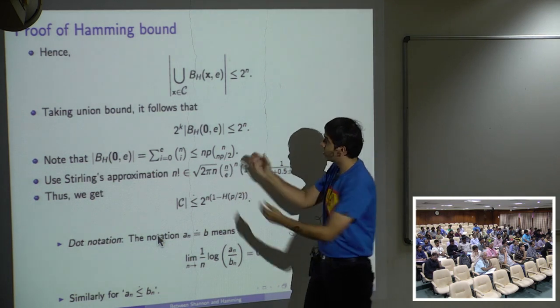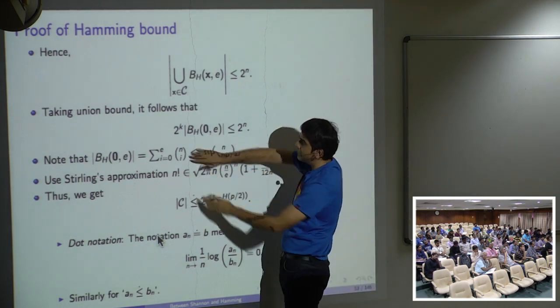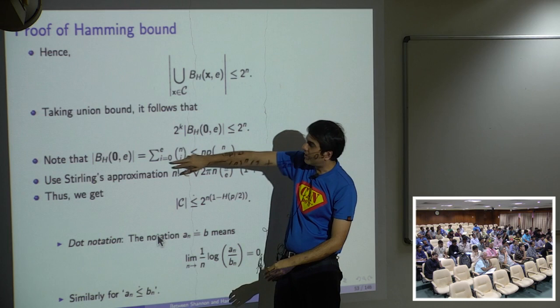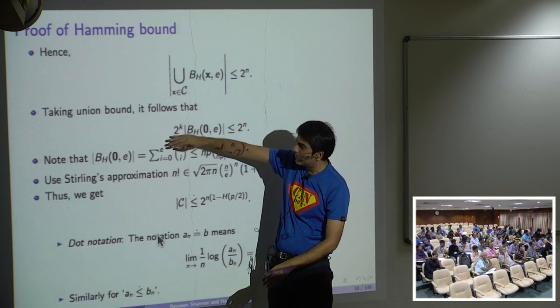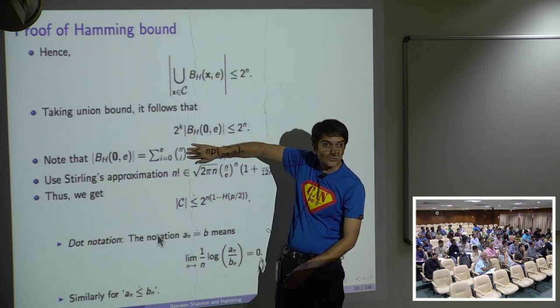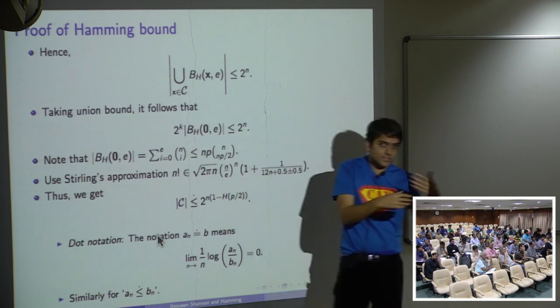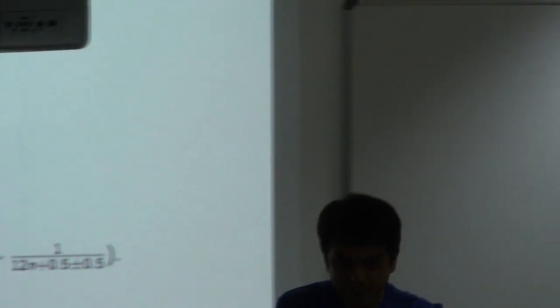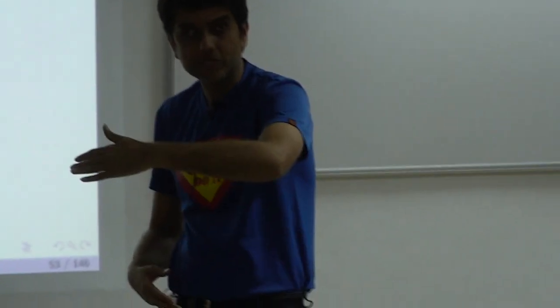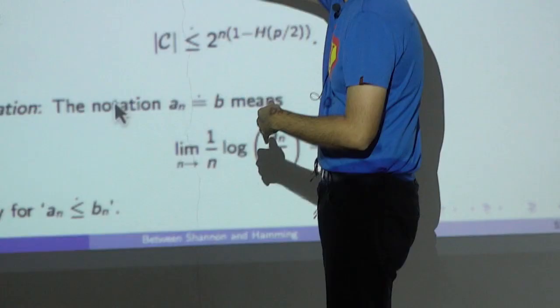That is the summation of i going from 0 through np over 2 of n choose i. n choose i is the number of sequences which differ in i locations from a transmitted code word. Sum up i going from 0 up to np over 2.